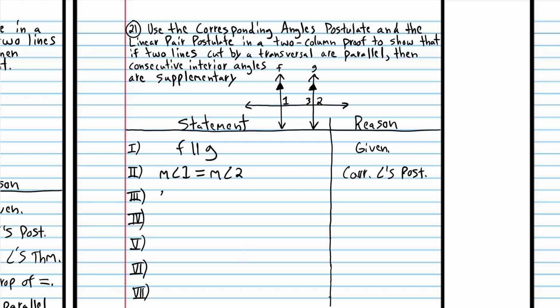Now, angle 3 and angle 2, well, actually they form a linear pair. And we know that just by looking at the diagram. Now, according to the linear pair postulate, angle 3 and angle 2 must be supplementary.